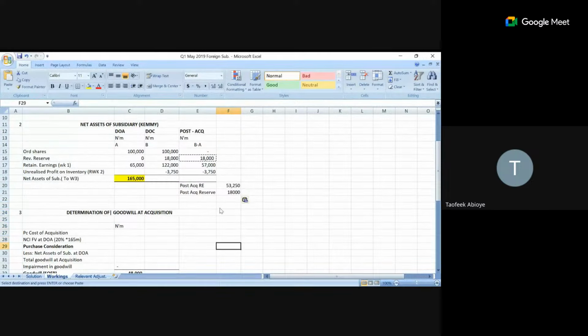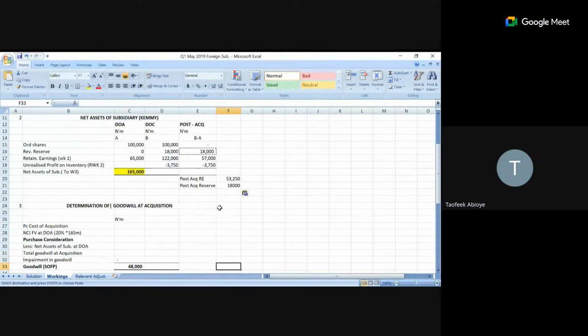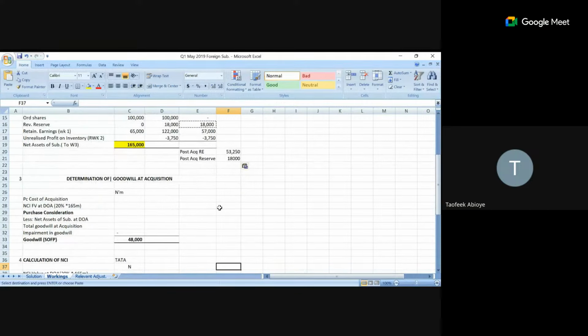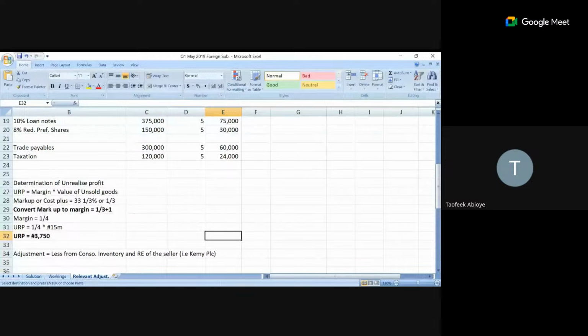Now, additional information 2 also says that the parent company sent an amount of 15 million to the subsidiary company. However, the subsidiary company did not record it until after the date of consolidation, which is October 2.